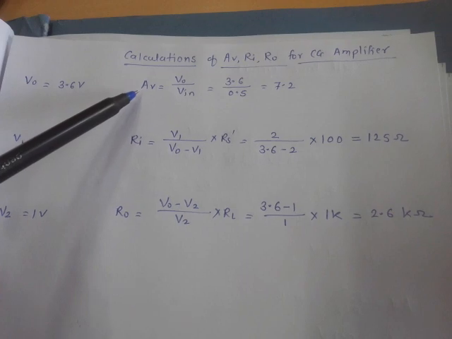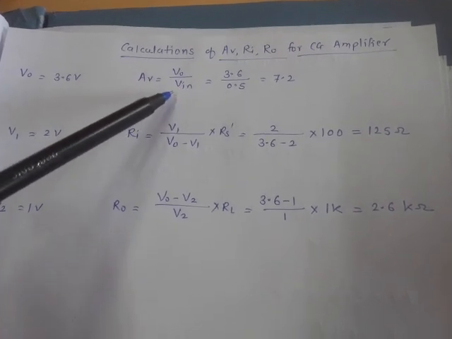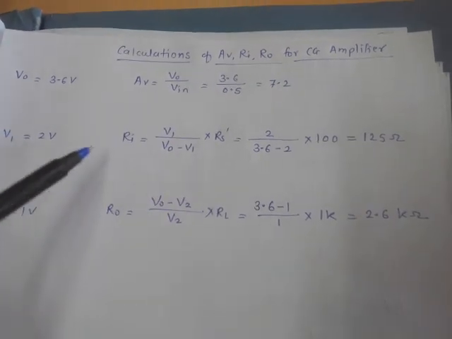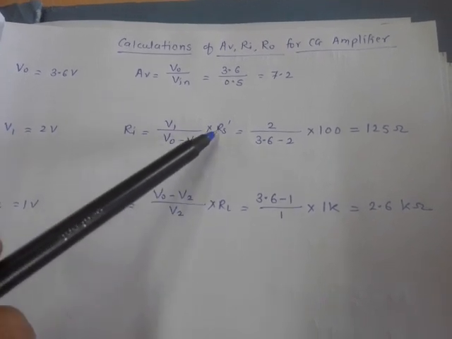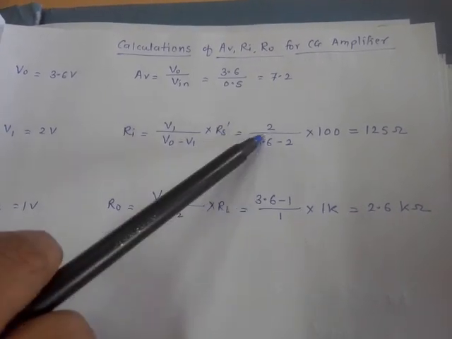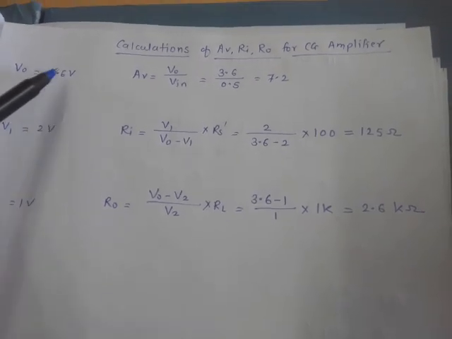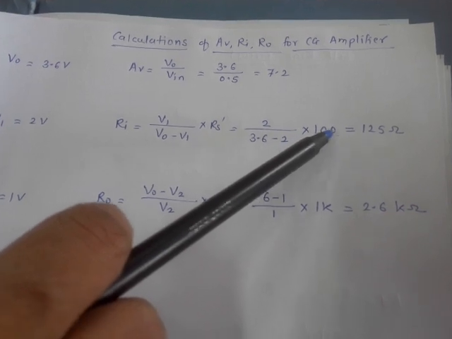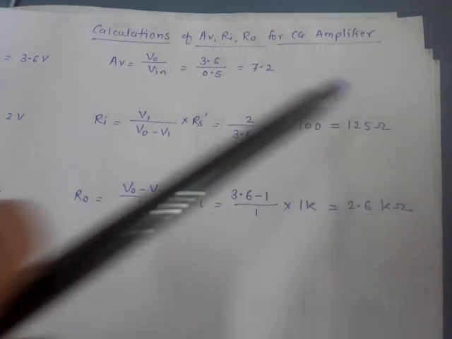So the voltage gain AV is calculated as the ratio of VO upon Vin, that is 3.6 upon 0.5, that is 7.2. For Ri, the formula is V1 upon VO minus V1 into Rs dash. V1 is 2 volt, VO from the previous reading is 3.6. So if you put in those values and Rs dash was 100, we are getting Ri as 125 ohm.